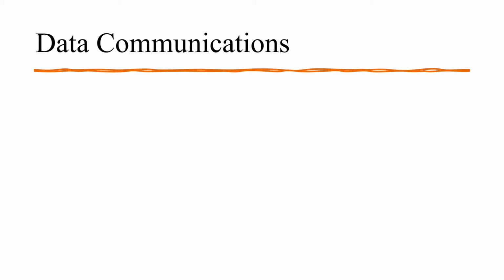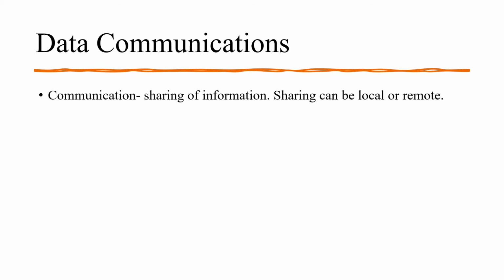That is the question. During communication, we are sharing information, and the sharing can either be local or remote. Local communication usually occurs face to face, while remote communication takes place over a distance. The word data refers to the information presented in whatever form is agreed upon by both the parties which are creating and using the data.